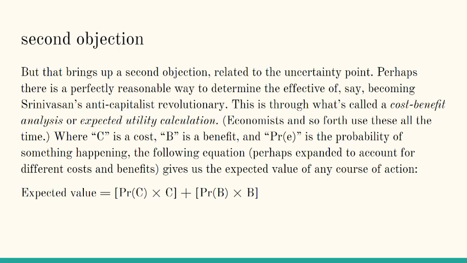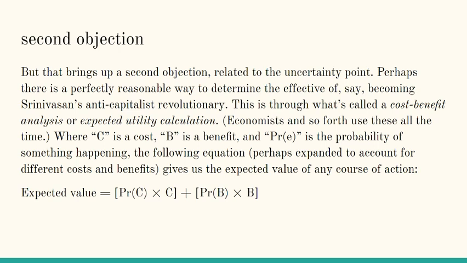What you do here is you take the probability for any... the book maybe puts it in a slightly confusing way, because it could be that you have multiple costs and multiple benefits, and then the equation would need to be longer. You need to have B1, B2, etc. But the idea is you figure out what are the possible costs.